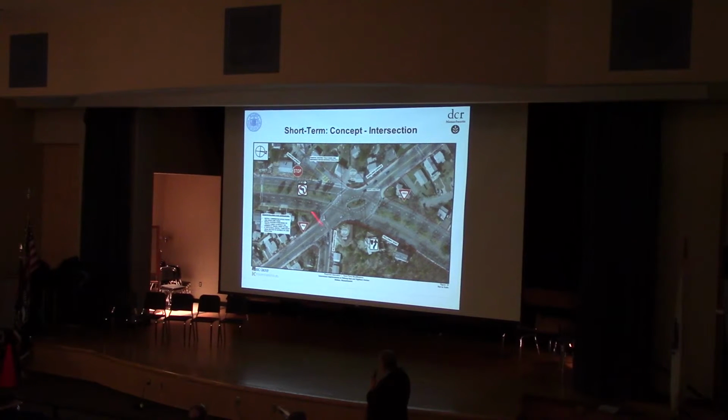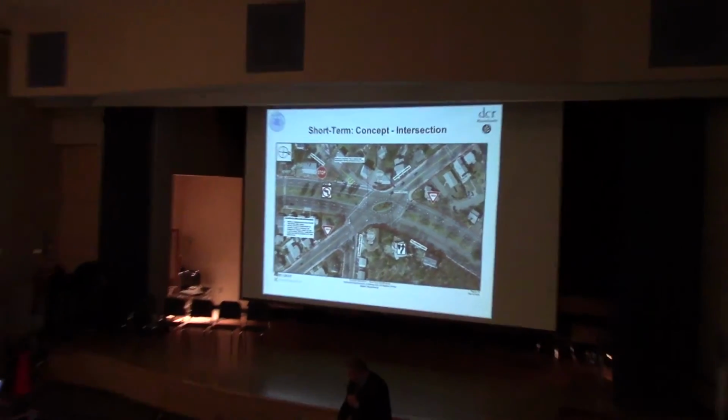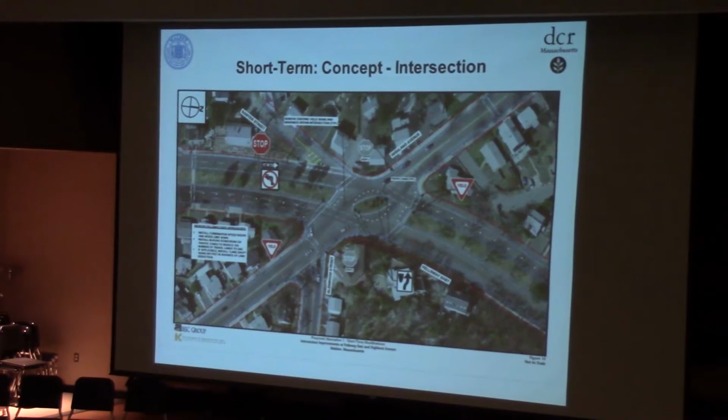So the study itself produced this here, in which that's where you see some of the signage, the yield signs, and what was actually proposed with the study, in addition to the additional signage, including some more speed limit signs that we're working on.